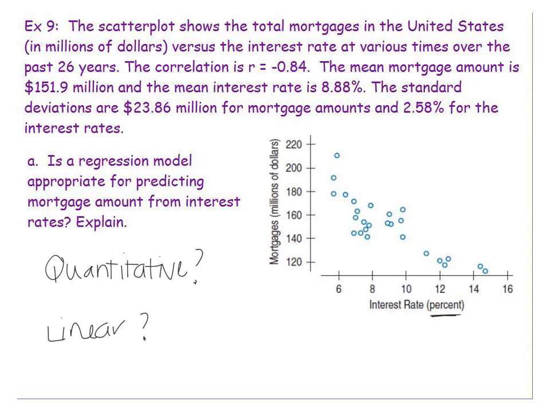Well, interest rates are in percentages and mortgage amounts are in dollars. Those are both measurable. So yes, it is quantitative. Is our graph linear? Other than maybe this little dot way up here, it looks like it all fits in that linear pattern. So we're going to say yes to linear as well. So yes, a regression model is appropriate because it's quantitative and linear.